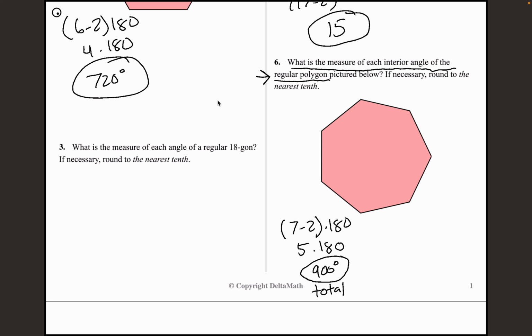We need to find each individual angle. So when we're finding each angle of a regular polygon, we're going to do just 900 divided by 7. Sometimes you'll get decimals. Round to the nearest tenth. 128.6 degrees.